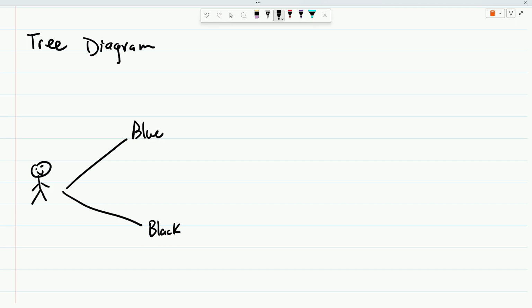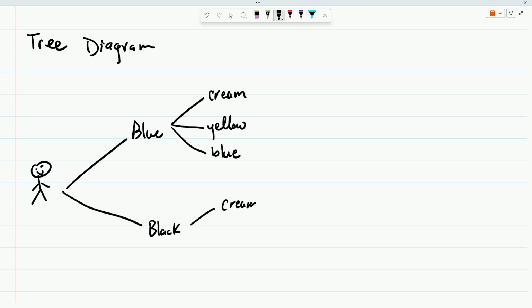And then the next option would be shirts. Well, if we stem off our blue pants, we have 3 different types of shirts. We have cream, yellow, and then blue.